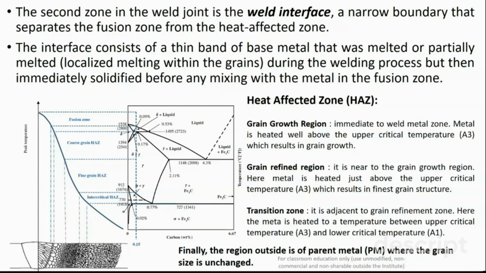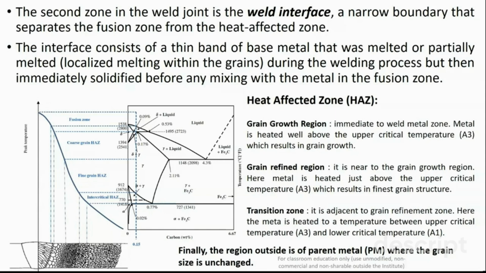After the solidification, the heat migrates towards the base metal and heats up a certain region of the base metal, which causes microstructural transformation, and this region is known as the heat affected zone. This heat affected zone is further divided into three different regions. One is the grain growth region, very close to the weld metal zone. Here the metal is heated well above the upper critical temperature limit, and it results in grain coarsening and grain growth.